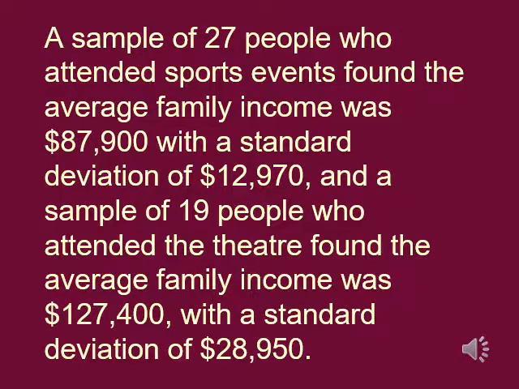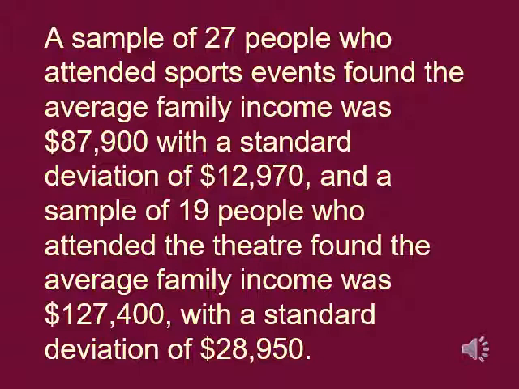And on this screen, we've got a whole bunch of different numbers. If you look at it, it's all the different things that are going to end up being entered in your calculator. It says a sample of 27 people who attended sports events found the average family income was $87,900 with a standard deviation of 12,970.